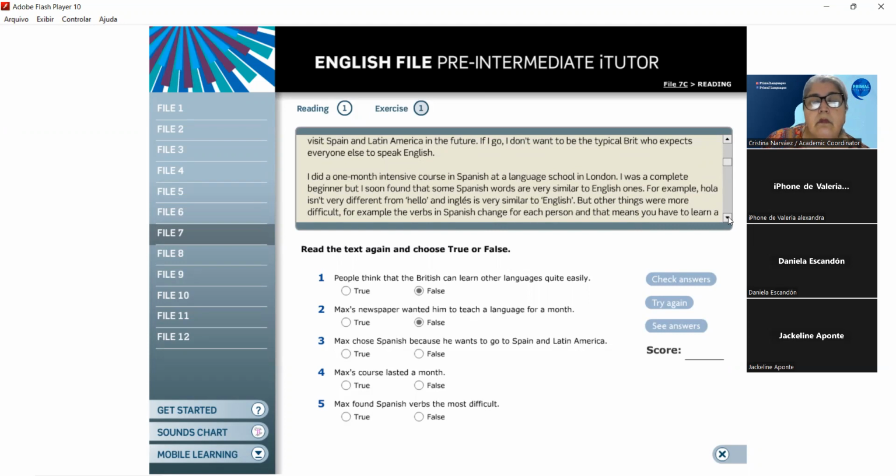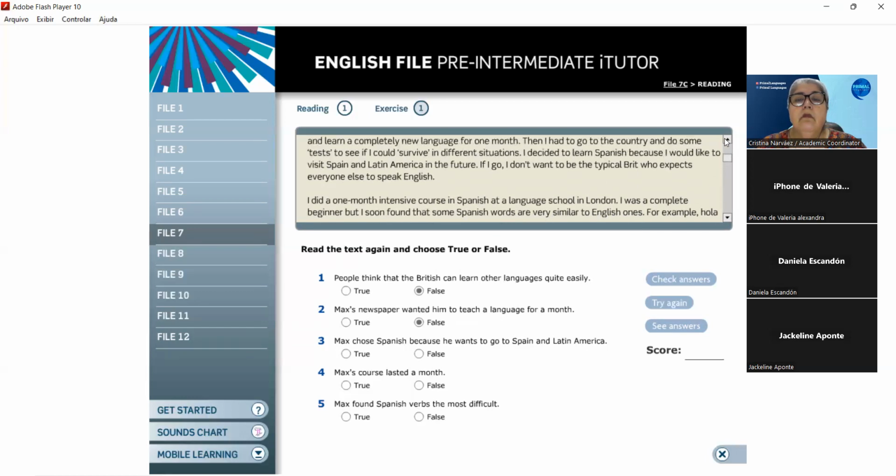Max chose Spanish because he wants to go to Spain and Latin America. True. It's true. Number 4, Valeria.